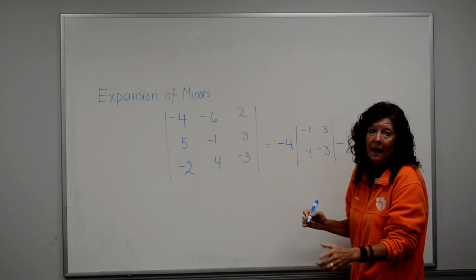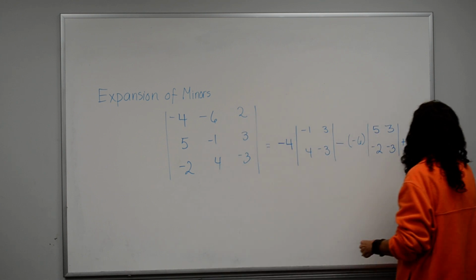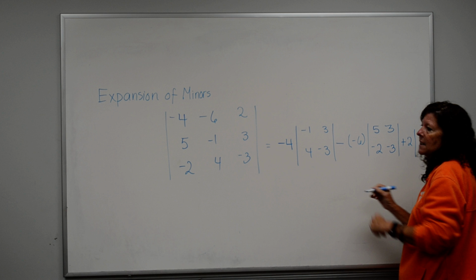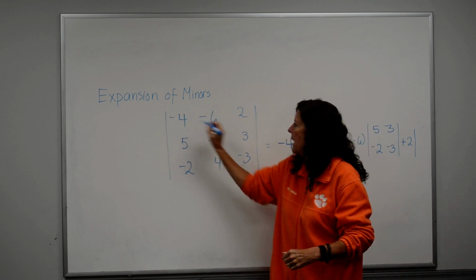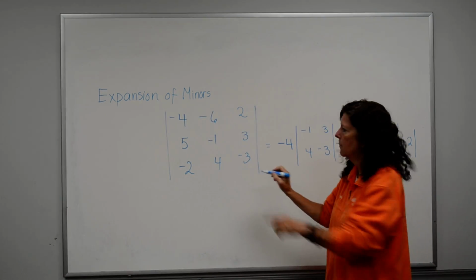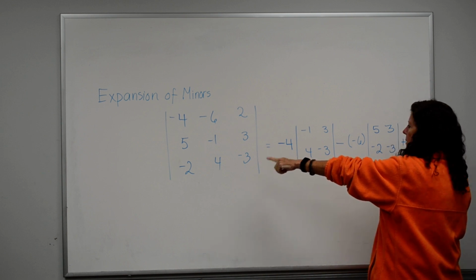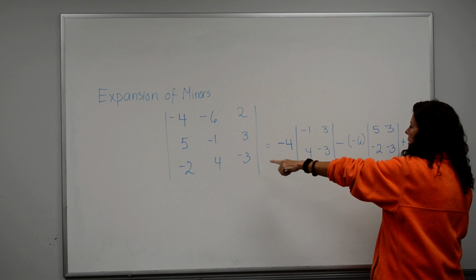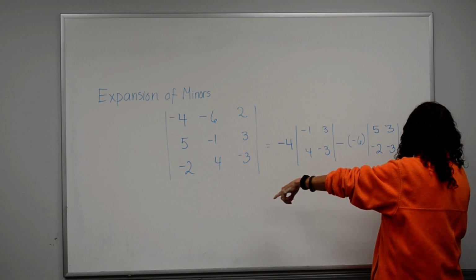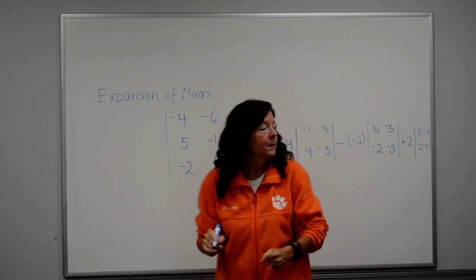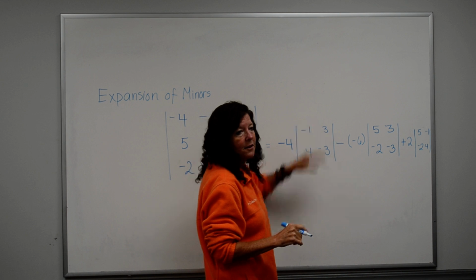Then I'm going to add the third number times the expansion of its minors. So I mark out that row, that column. So I have 5, -2, -1, and 4, and I'm out of room here. But now I've got to go back and find the determinant of that.